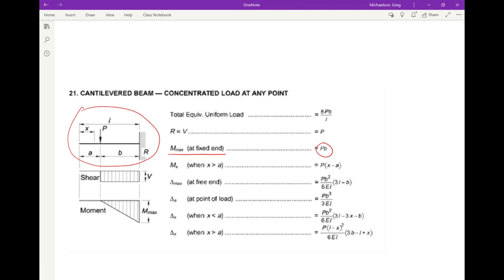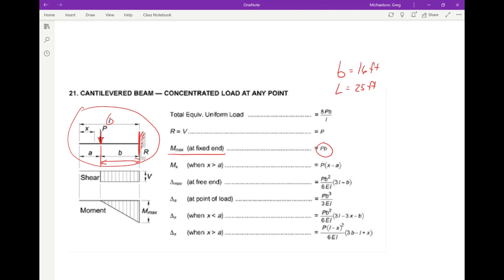It's the distance from your fixed support to the load. That dimension is B. So for this problem, B is 16 feet, and L is 25 feet. L is the length of the beam. B is how far the load is out from the support.